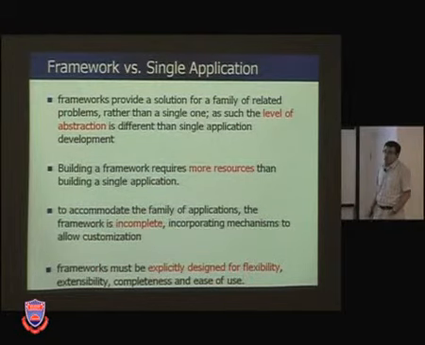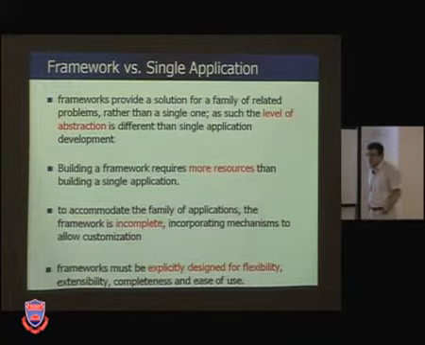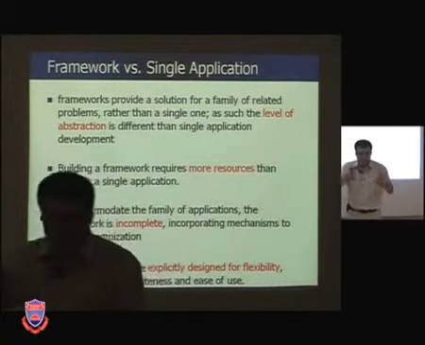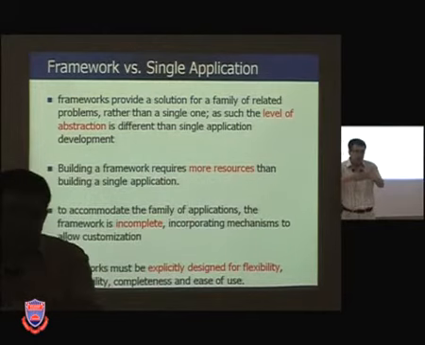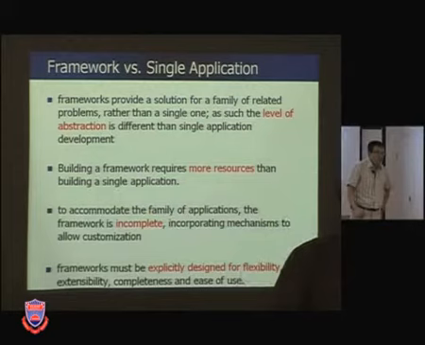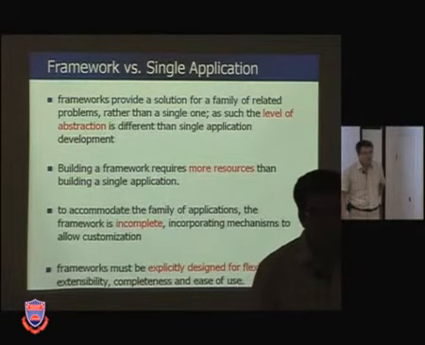Frameworks must be explicitly designed for flexibility, extensibility, completeness, and ease of use. If you take the framework, you should be able to easily add, update, and specialize it to meet your own concerns.